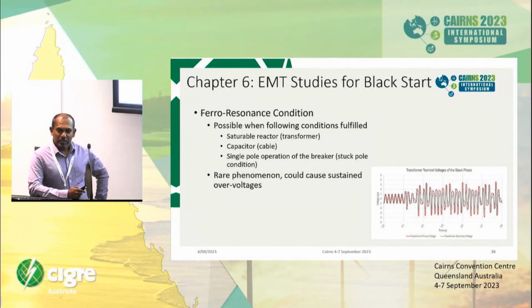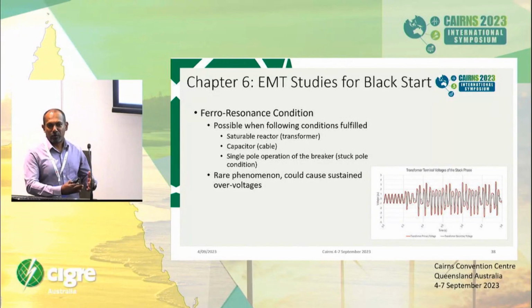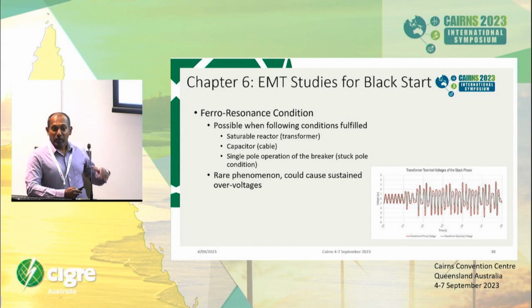This could lead to a ferroresonance condition, which could lead to very high voltages. And it's not a good condition for the system, because under black start conditions you have very low damping, with very little load in the system. Therefore, there can be some sustained ferroresonance conditions you may not see in normal conditions.